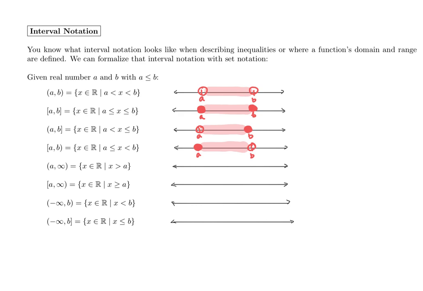What happens if I go from a to infinity? In that case, I start at a, and a is not included here, so it's open, but it's going off to infinity, so it just keeps going off to the right.